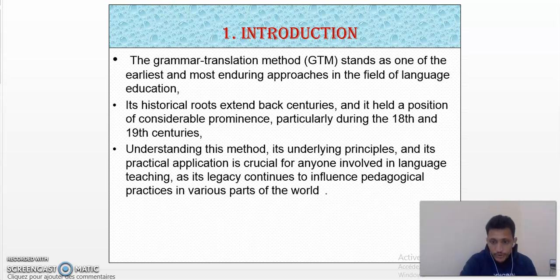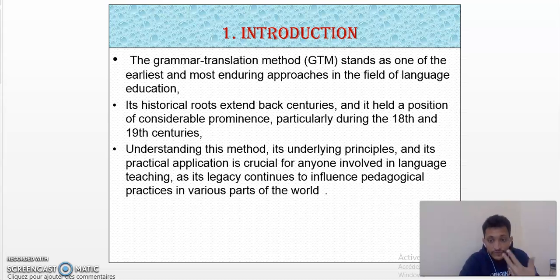Its historical roots extend back centuries, and it held a position of considerable prominence, particularly during the 18th and the 19th centuries. Understanding this method, its underlying principles, and its practical application is crucial for anyone involved in language teaching.